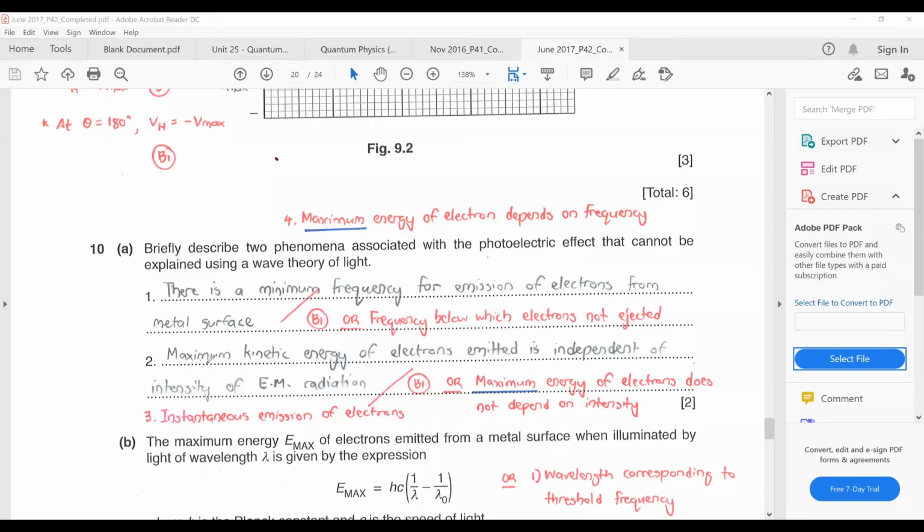When you're talking about the energy part, please make sure you have the term maximum. This is important. Maximum KE of electrons is independent of intensity. Maximum KE of electrons is dependent on frequency.